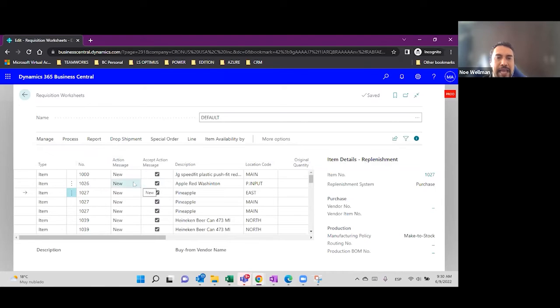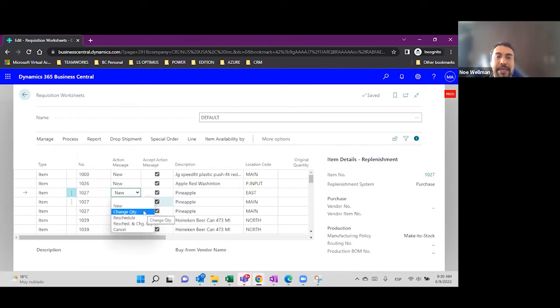I can see that this creates a lot of lines, which have the new, and also look at this: change quantity, reschedule and change quantity, or even cancel, okay? If for any reason somebody creates more purchases for pineapple, or look at this, yesterday somebody actually sold my pineapple, okay?